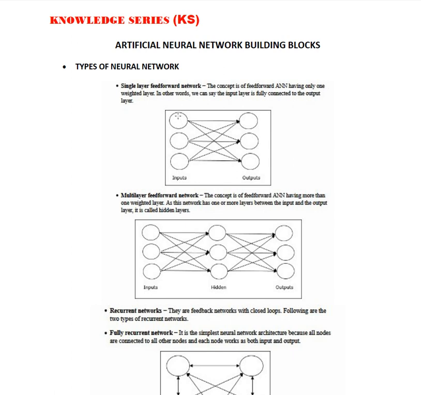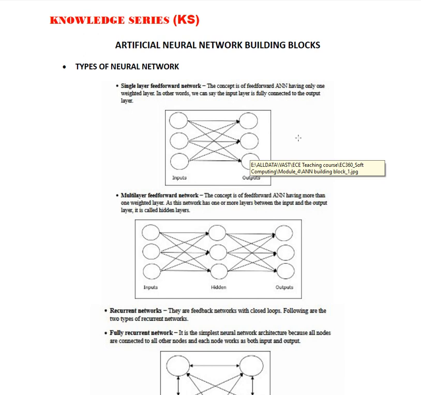As you can see, a particular node of the input is connected to all the nodes of the output, and similarly every other input node is connected to all the outputs. You will not find any input node connecting to the same input nodes, or any output node connecting to the same output nodes.